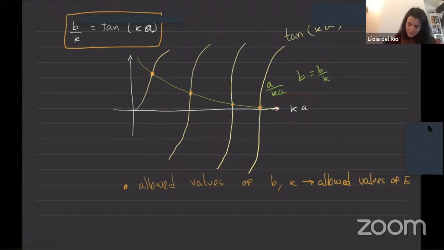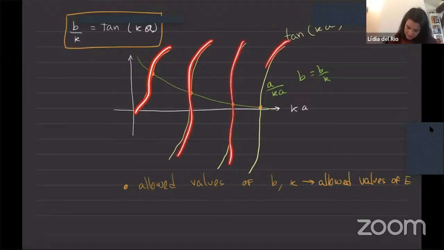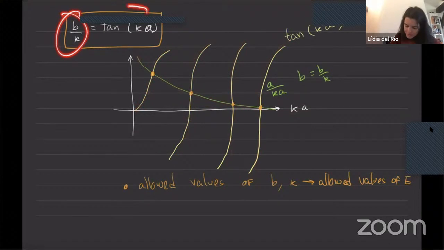So we have the tangents going up, and then we have this line coming down. The points where they meet are the allowed values of B and K. At this point you can see what K is, and from here you can see what the energy is.